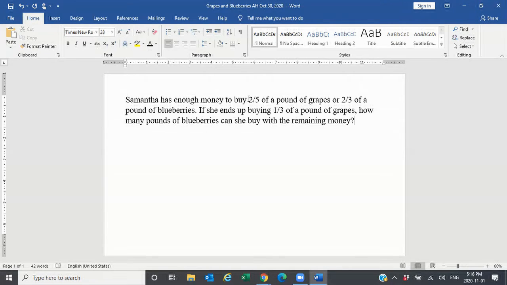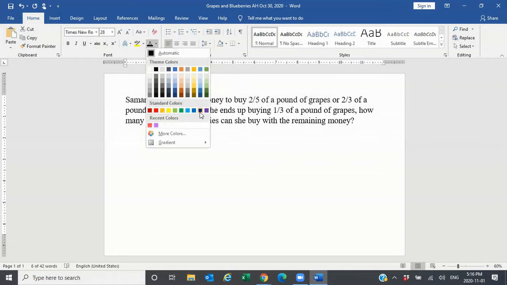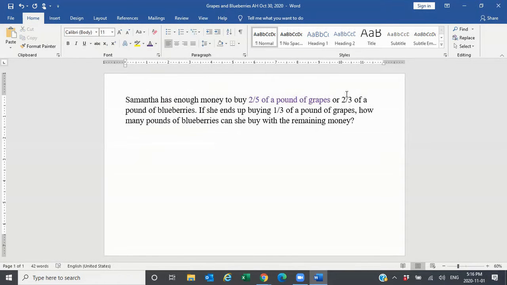Alright, to do this, I'm going to make important parts of this question different colors. I'll do 2/5 of a pound of grapes in purple, and 2/3 of a pound of blueberries in red.